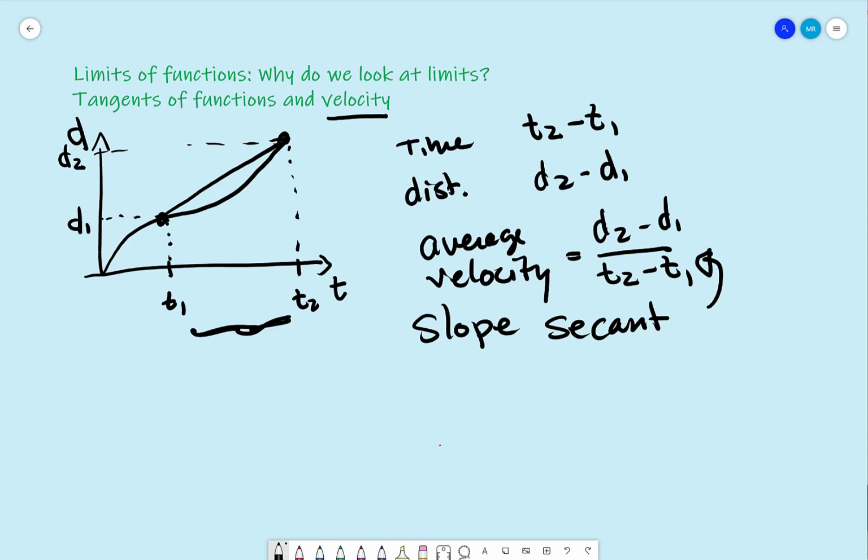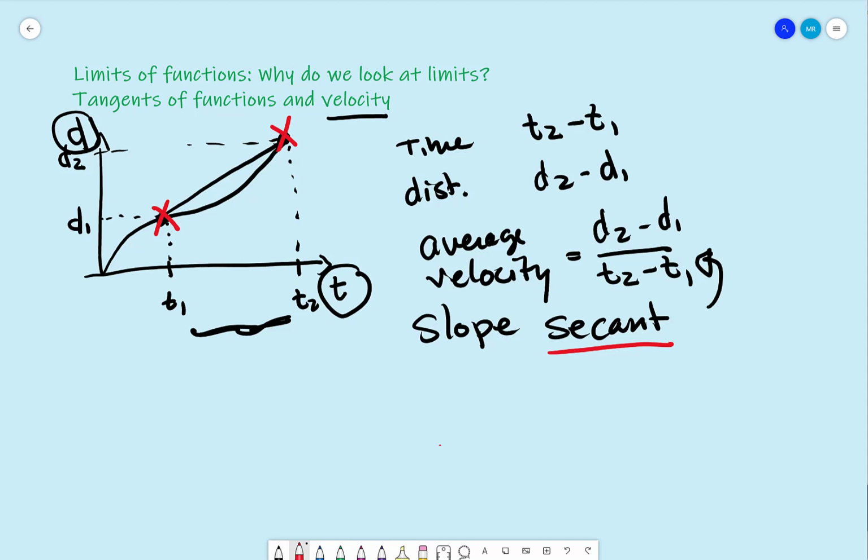In this case, our t, our time, is our x coordinate, and d, the distance, is our y coordinate. So when we look at the average velocity of this object between these 2 points, let's emphasize them in red, it is given by the slope of the secant between these 2 points, right? And that's how we can measure the average velocity.